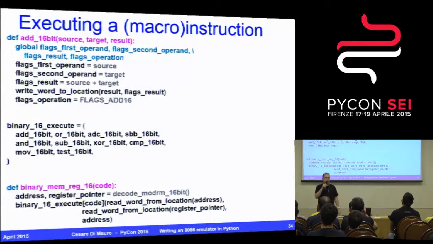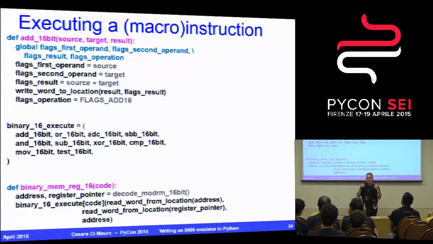What happens when I have the macro opcode and its parameter? Basically, I call the bound function. For example, if I have to execute add 16 bits, which has a memory operand and a register operand, I execute the function which is at the bottom. And what does the function do? It gets the ModR/M byte and extracts the address of the memory location and the register to use.